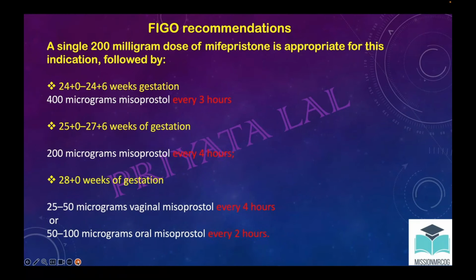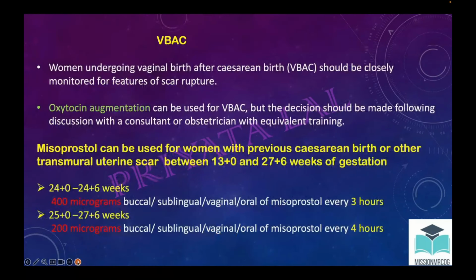Now VBAC. If the patient has a scar from a cesarean section, in that situation they can also go for induction. They can also be given oxytocin augmentation, but it has to be done very carefully. The decision has to be made by the consultant or obstetrician.